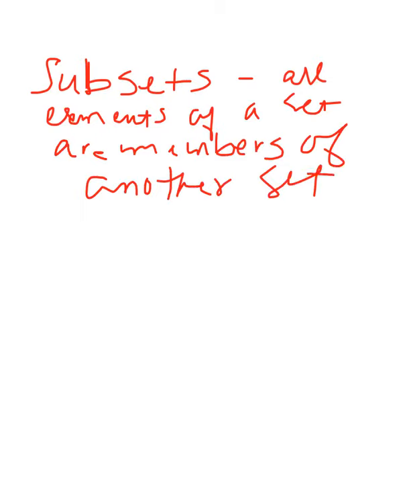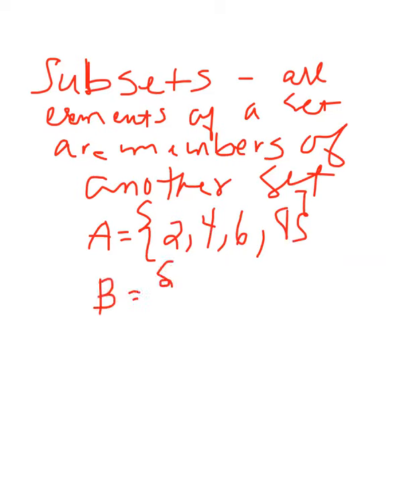So we have A from earlier, where we said it's all the even numbers, and it included 2, 4, 6, 8, all the even numbers less than 10. Now, set B contains all the natural numbers.